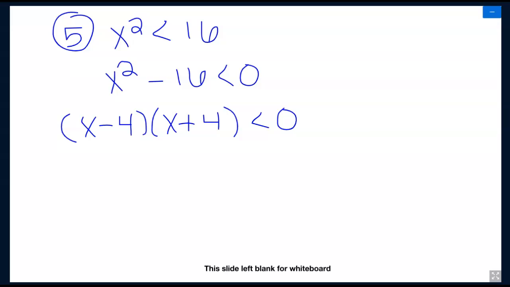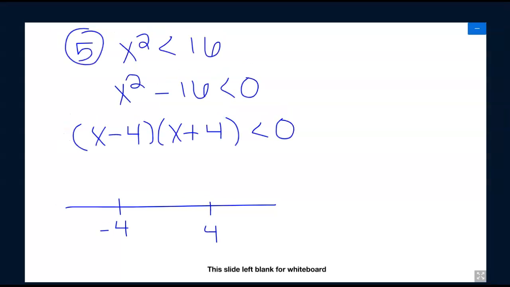And then we're looking for when do those roots give answer sets less than 0. So we need to check above, below, and in between the zeros.